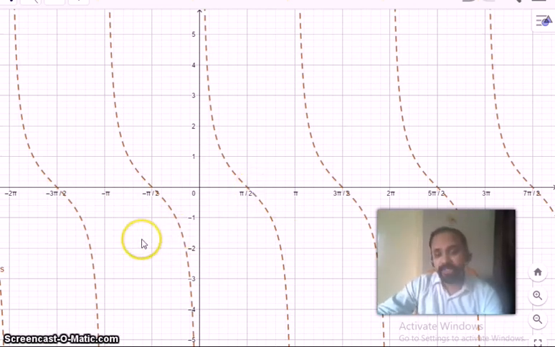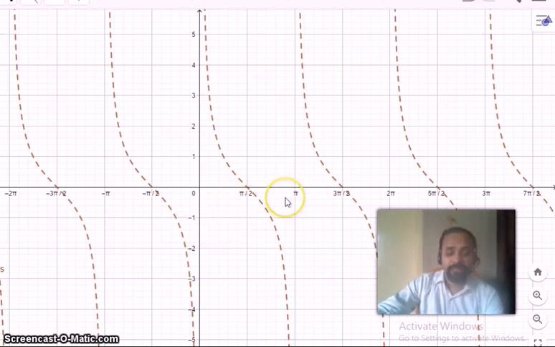That means the domain of cot theta is all real values except n pi. And what about range? You see cot theta goes from minus infinity to plus infinity, it comes all the way down and goes all the way up. That means the range of cot theta is all real numbers.